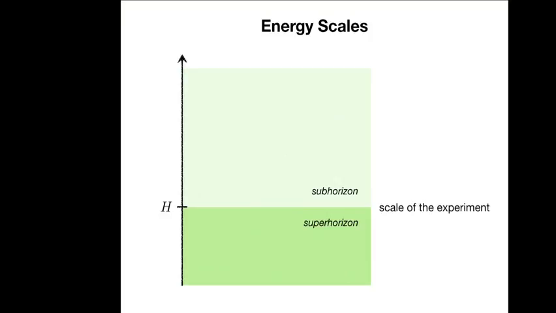And this threshold value of physical frequencies of order the Hubble scale is what we usually associate with the energy scale of our experiment. Okay? That's the energy scale at which we're colliding inflaton particles, if you so wish. So if you think of inflation as a collision experiment, we're colliding these inflaton particles at an energy scale of order the Hubble scale.